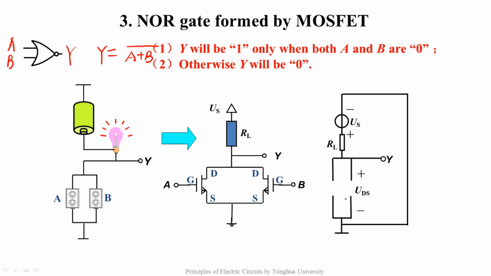If either A or B is 1, the corresponding MOSFET will be turned on and acts as a resistor. For example, the MOSFET controlled by A is turned on. UDS is the divided voltage across R on.